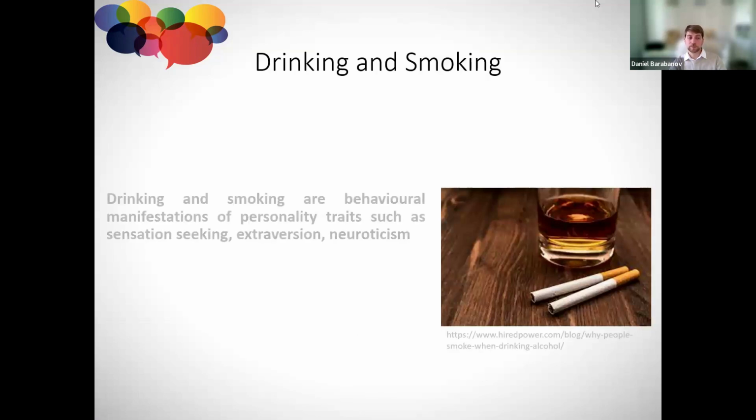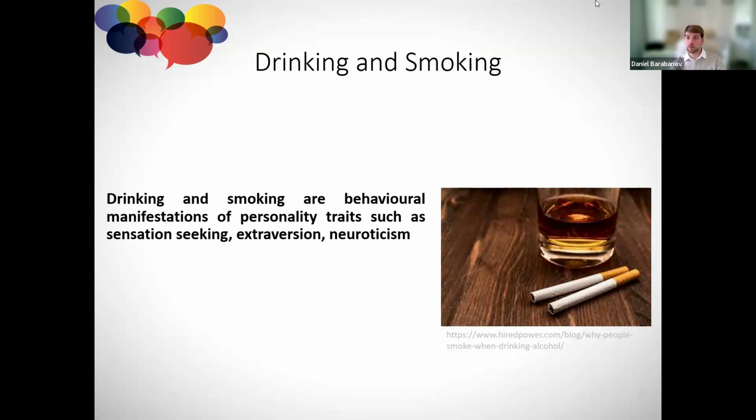Drinking and smoking show connection with several personality characteristics, such as sensation seeking, extraversion, and neuroticism. People who seek sensations are usually willing to take more risks to feel something new, get new impressions. So people who are high on sensation seeking more often drink and smoke.